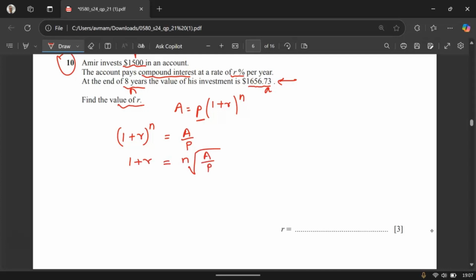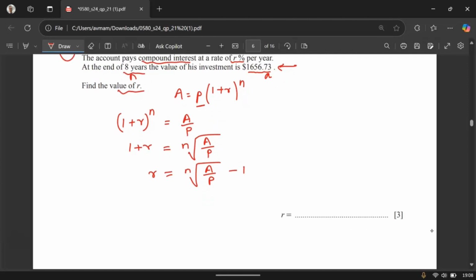And then finally, we need to isolate R. So 1 has been added. Let us subtract 1 from both sides. So R equals the nth root of A divided by P, minus 1. This minus 1 should be outside.